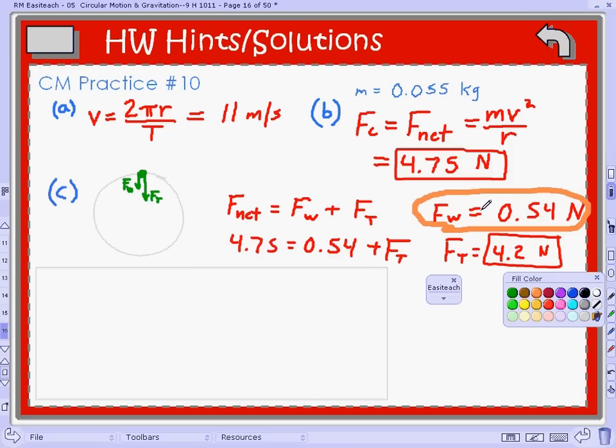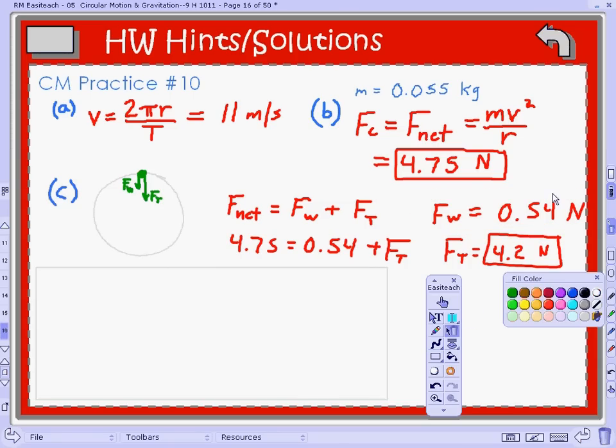I took the mass of 0.055, which you also use here, and I multiplied by 9.8, and that got me this weight down here. So now I just figure out the tension, because 4.2 plus 0.54 gets me back to 4.75, roughly speaking. So I calculated the tension at the top.